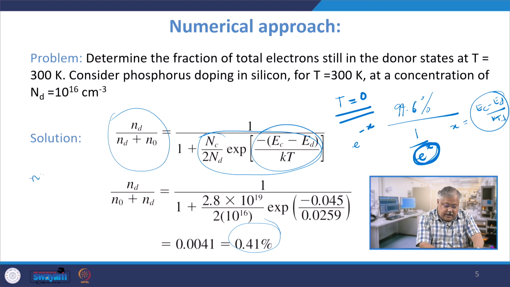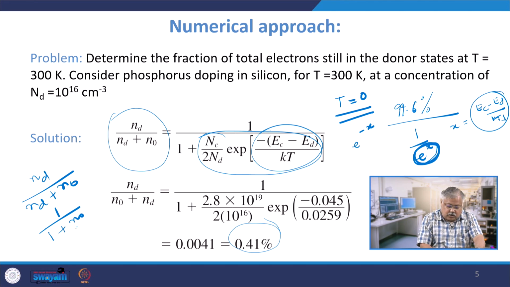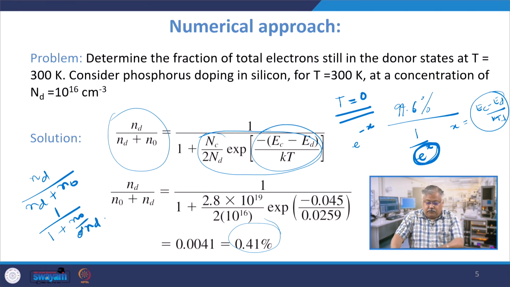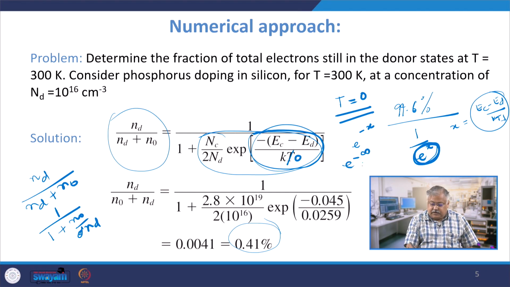Now if you look at Nd upon Nd plus N naught, if you divide by Nd, I get 1 upon 1 plus N naught by Nd, clear. Now if you take a very low temperature, let us suppose T equals to absolute 0, then this quantity becomes negatively infinitely low. So it is e to the power minus infinity, or I get 1 upon e to the power plus infinity.